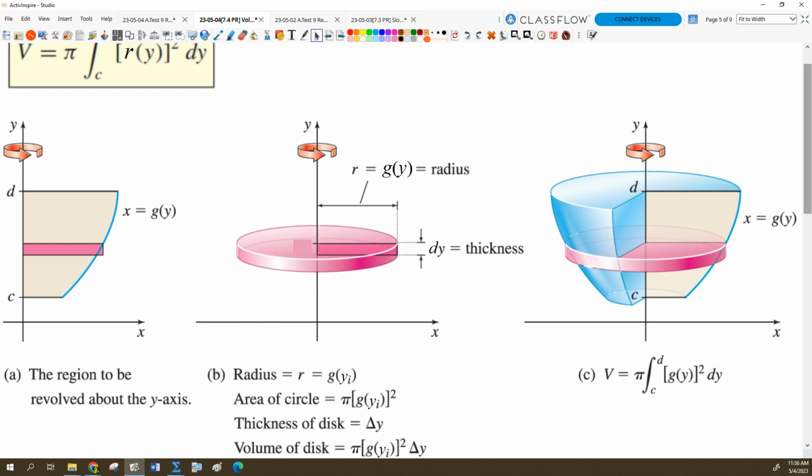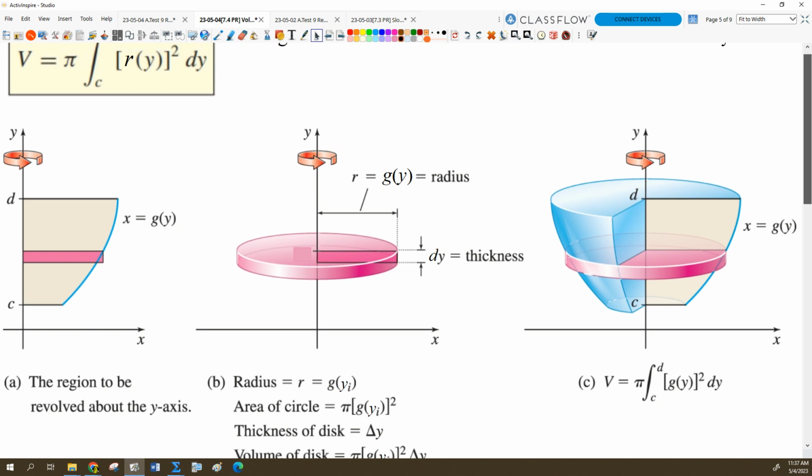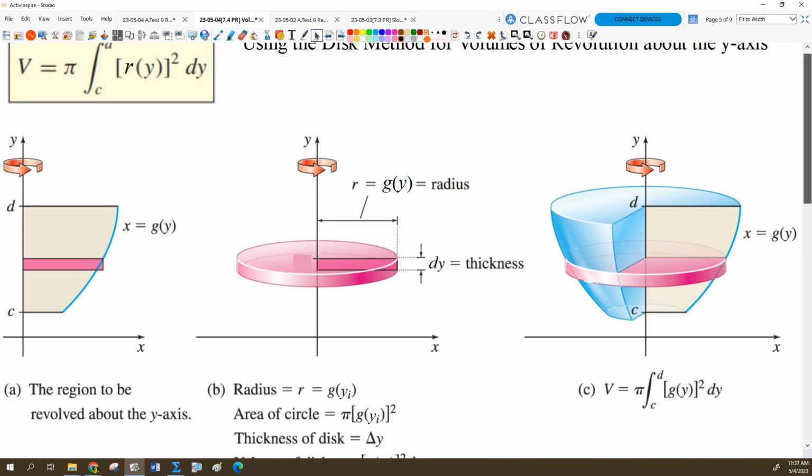And if I want to add that up, I'm still just going to create disks, only this time they're disks that are rotated about a vertical axis instead of a horizontal axis, right? So the width, instead of being dx, it's dy, and the radius, instead of being a function of x, is just a function of y, okay? Make sense?